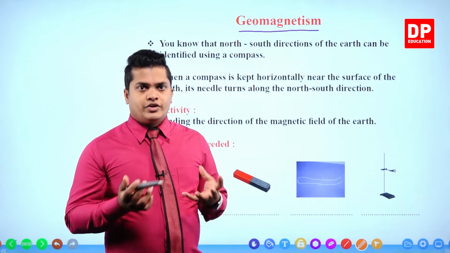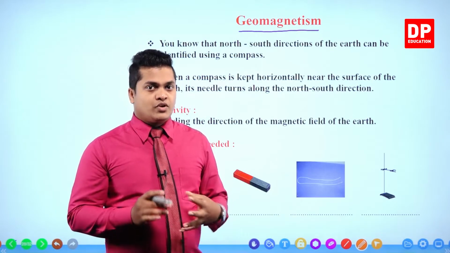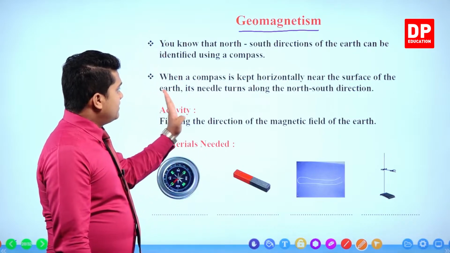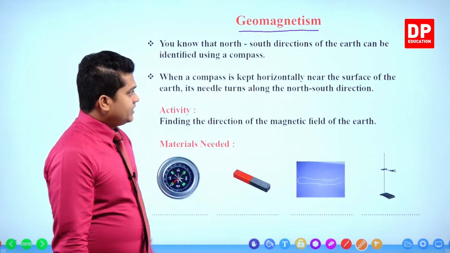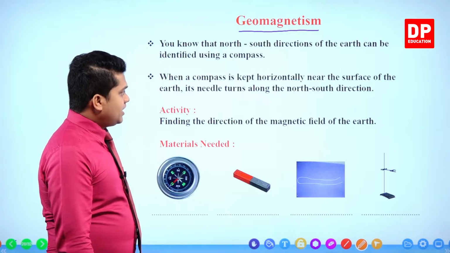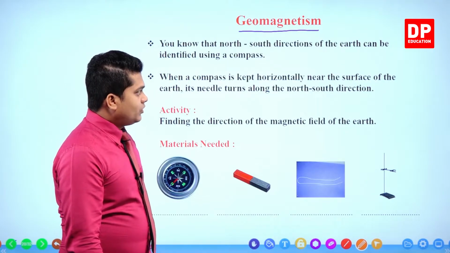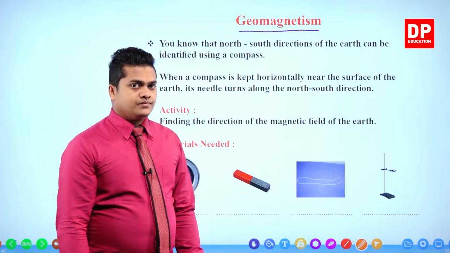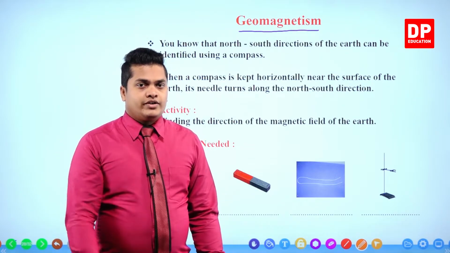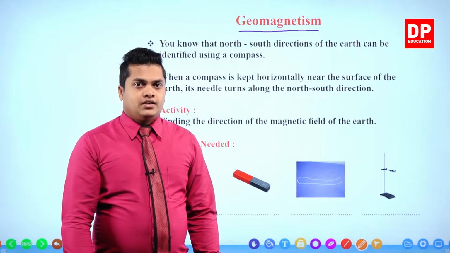A compass shows north and south directions because it is a magnet. When a compass is kept horizontally near the surface of the earth, its needle turns along the north and south directions.